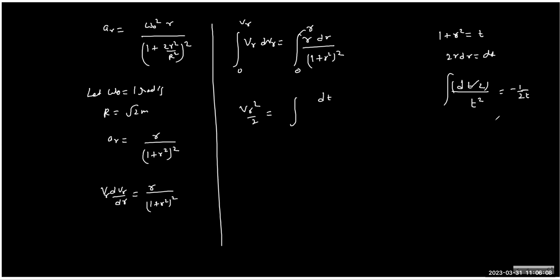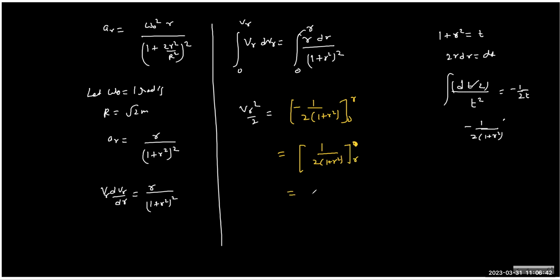So v_r square by 2 turns out to be minus 1 by twice (1 plus r square), from 0 to r. I can switch the order of the limits and convert minus into plus. If you put the upper limit, it will give you 1 by 2, and the lower will give you the rest.